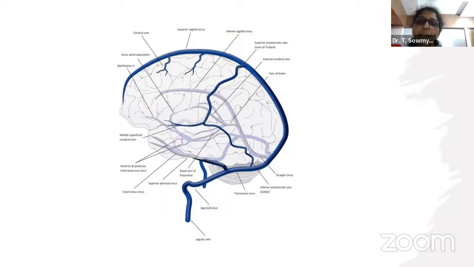Complications with heparin and low molecular weight heparin: one is HIT, but that is very rare. And in CVT patients, hemorrhage is not a contraindication to giving it. Hemorrhage means cerebral hemorrhage.